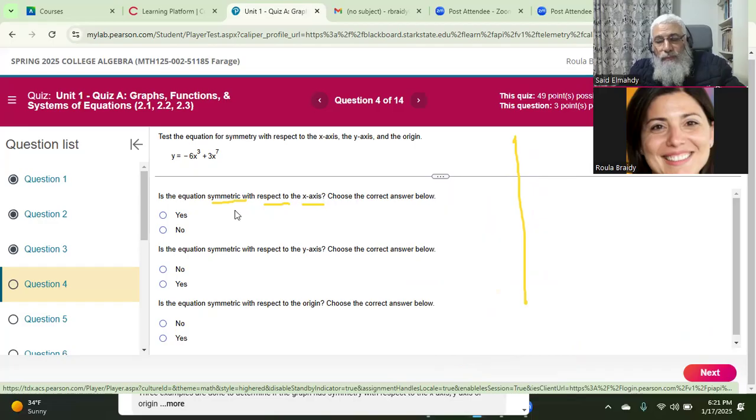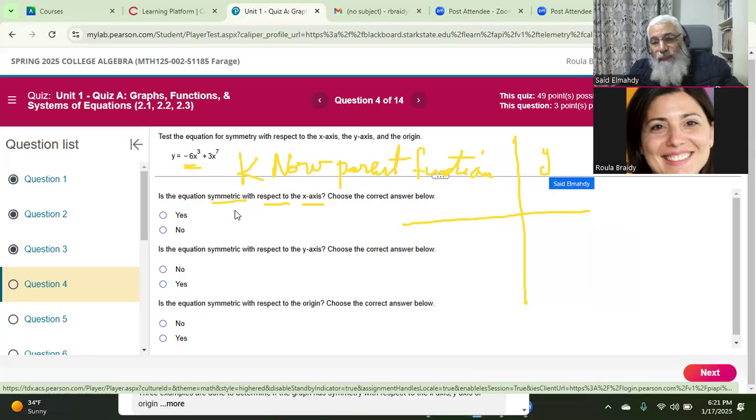So what formula do we use? We can make a table and draw, or you can know the parent function. The parent function of each shape, like the parent function of this is y equals x cubed, and its shape is something like this.